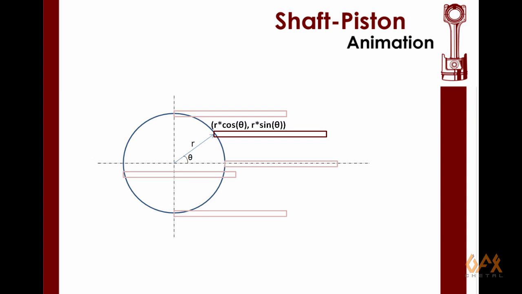So using trigonometry function, the x of this rod is r into cos theta and y is r into sin theta. So first of all, I have to create two control, and that is your theta and your radius.